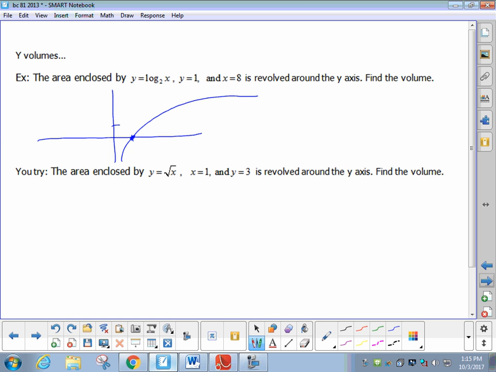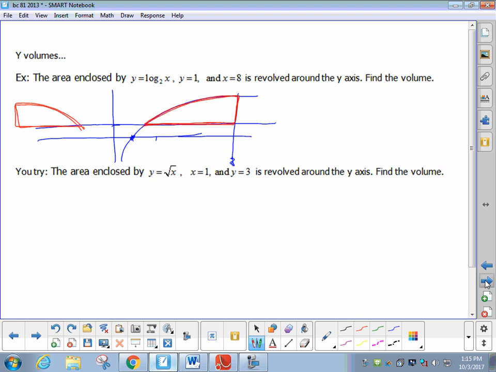Y equals 1 is here, and x equals 8 is here. So, in other words, it's the same region. How can you screw up the region you just did 5 minutes ago? That boggles my mind. Do we all agree with that? It looks like this then.